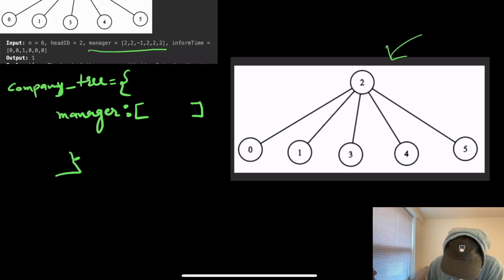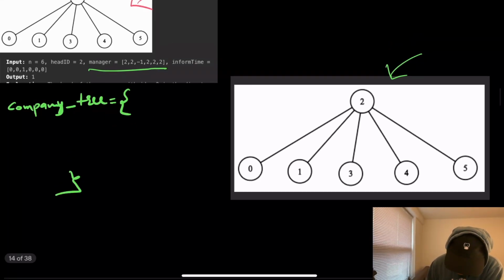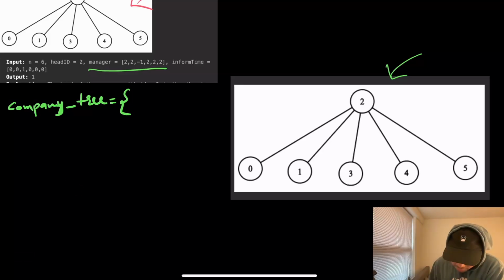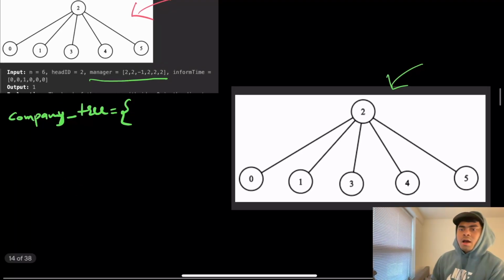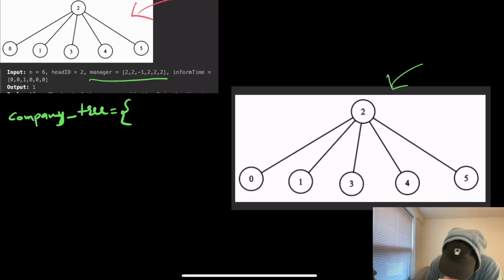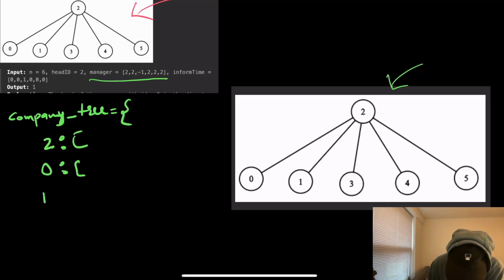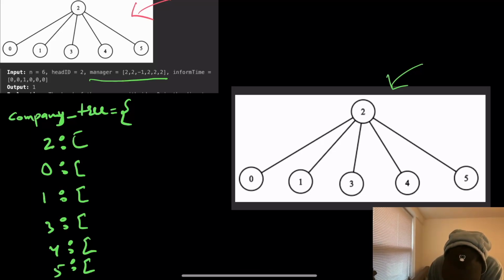For the example, our dictionary is going to have who are the managers. Basically we can say all of them are managers, it's just how many employees are working for them will differ. So 2 is a manager, 0 is a manager, 1 is a manager, 3, 4, and 5.